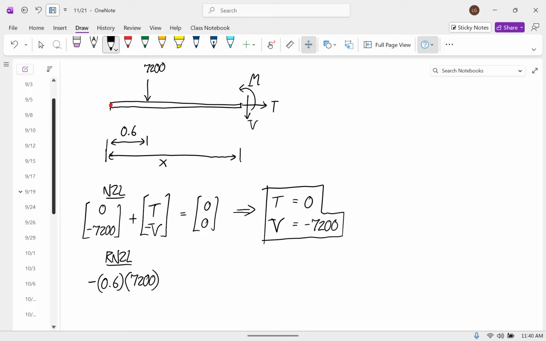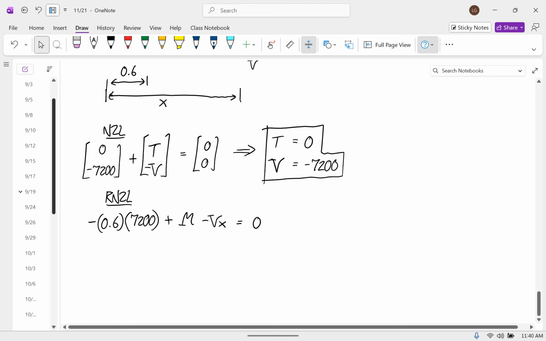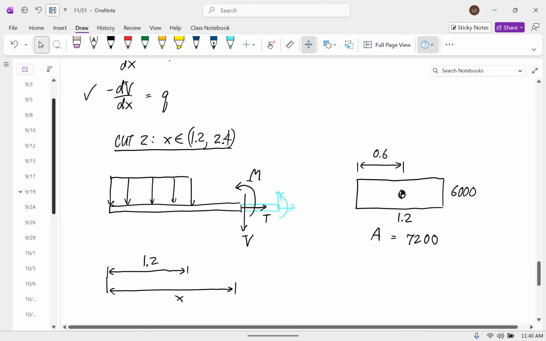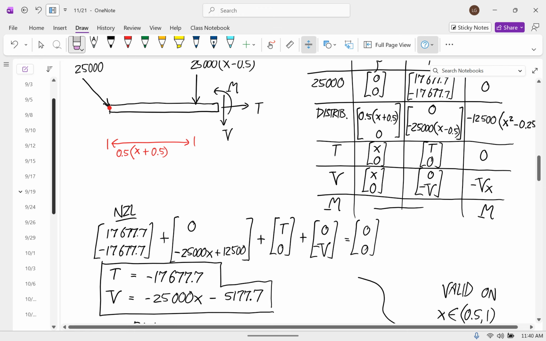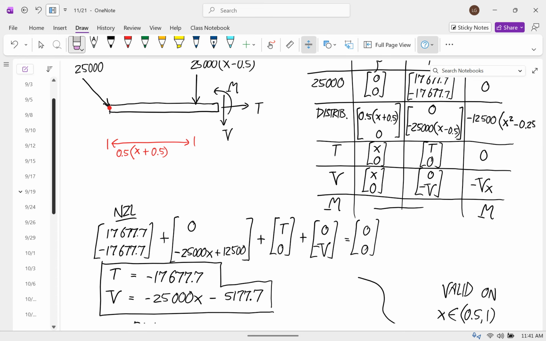Clockwise, so this is negative. Then we have plus M minus Vx is equal to 0. Is V always going to be paired with x like that for second law? Yeah, and the reason is if you look at the tables, the row vector is always x0, so that's just how it always comes out. Okay.